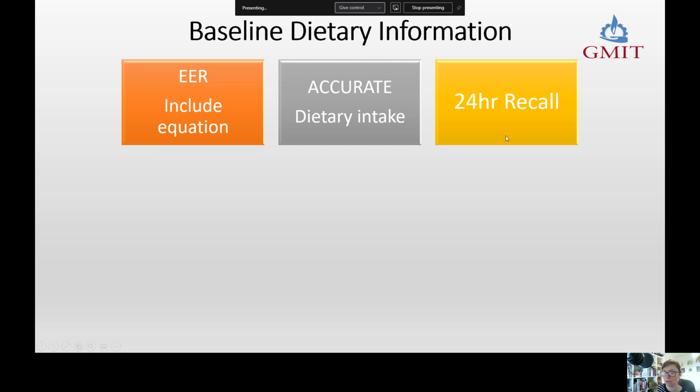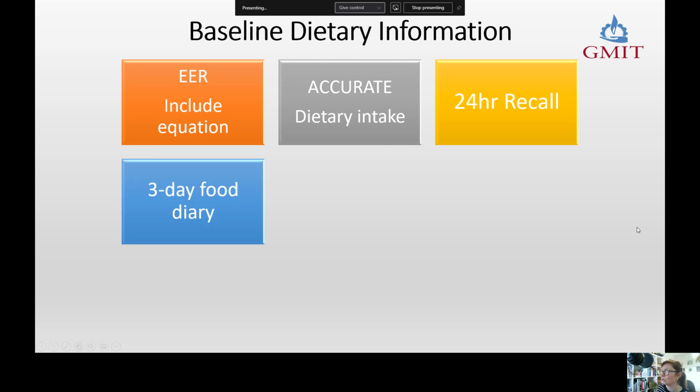So you could use a 24-hour recall using the 5-pass method or the multiple pass method from the USDA. You could ask them to complete a 3-day weighed food diary. You could do a snap and send where they send you photographs. It's up to you. You could use a food frequency questionnaire on top of your 24-hour recall to get a better grasp of other nutrients.